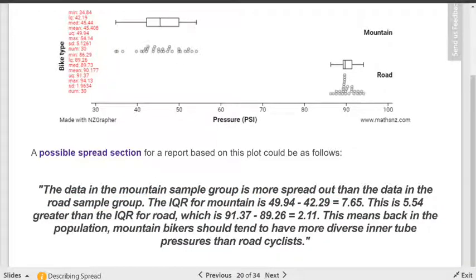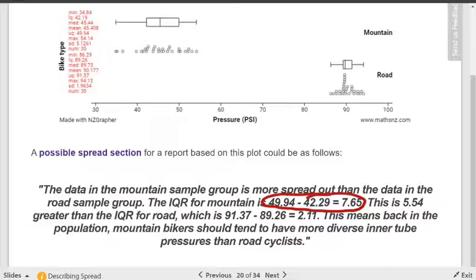Okay. The IQR for mountain bikes is blah, right? So look at this thing. They're not only showing the number, but what else are they showing? The calculation, right? I need to see where those numbers are coming from. Someone reading this report should be able to look at what you've done and see where your numbers came from.